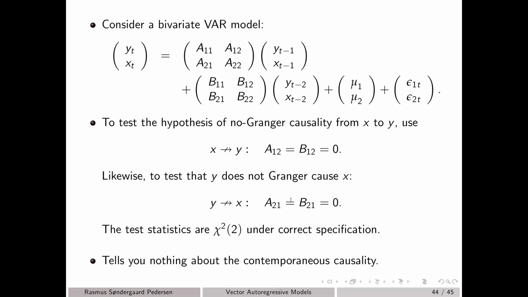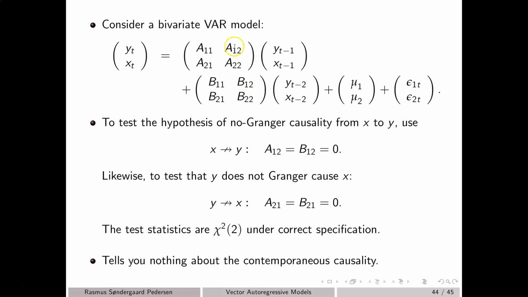In a bivariate VAR model, it is straightforward to test for no Granger causality. So for instance, if we want to test if x does not Granger cause y, then we can simply test whether the autoregressive matrices are lower triangular, meaning that we can test whether a12 and b12 are equal to 0.